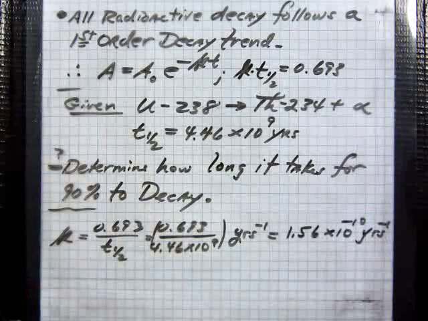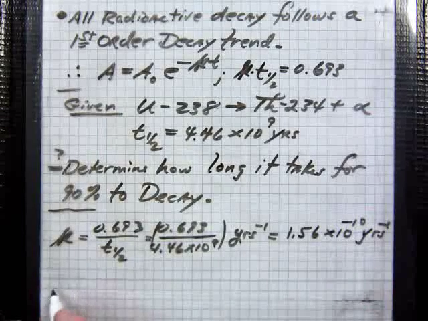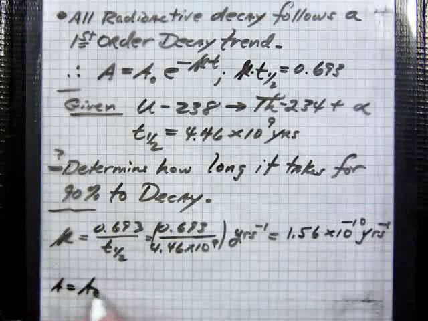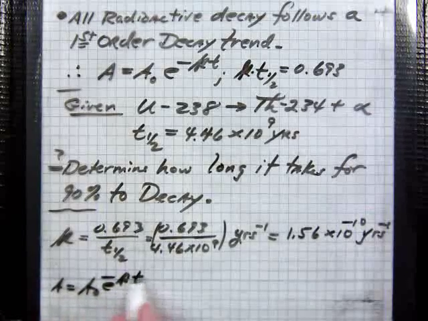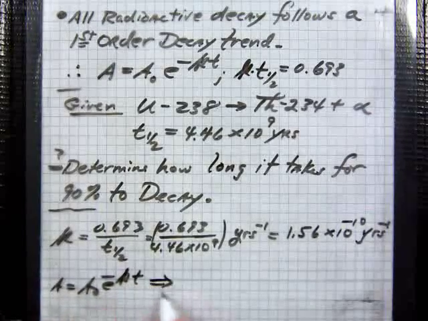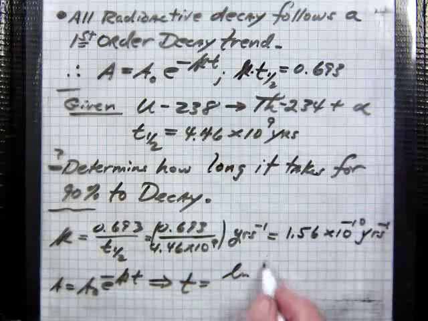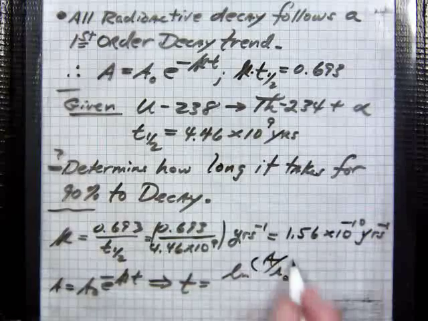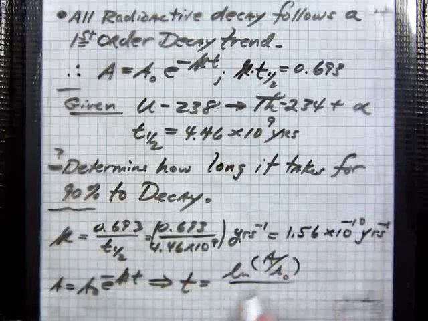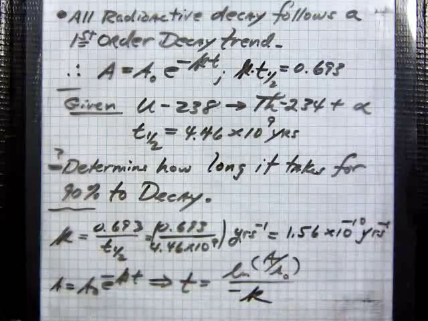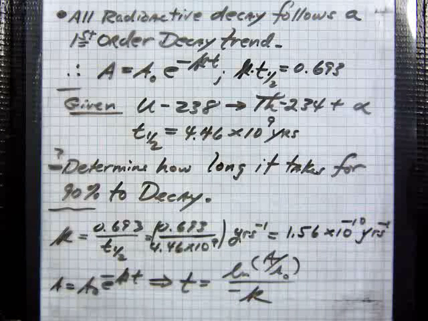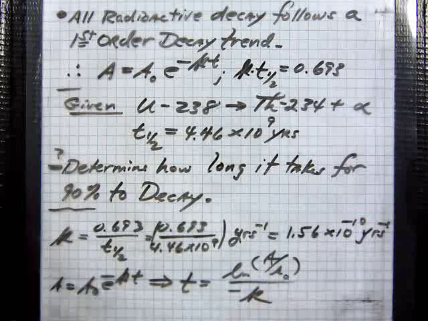So we need to get the time from A equals A naught e to the minus kt. It can be shown that the time of decay is ln of A sub 0 over A, divided by k, like that. So we can use that expression to calculate the time it takes to reach 90% decay.